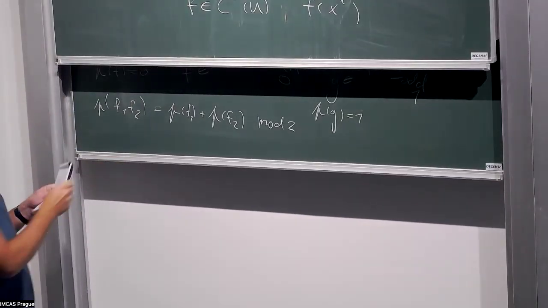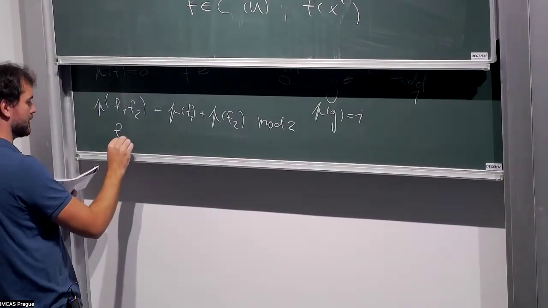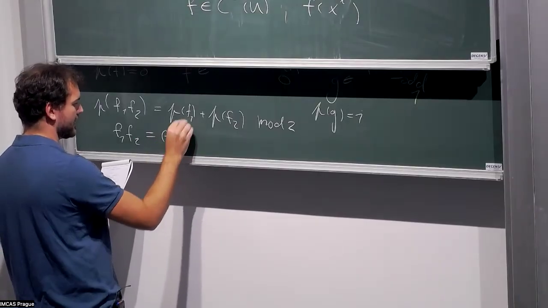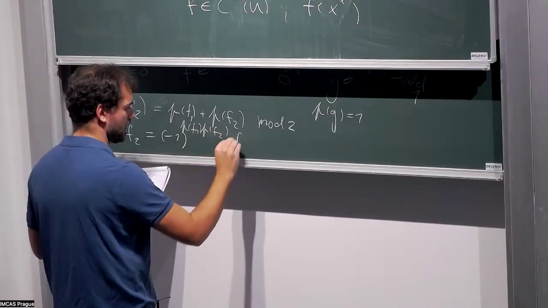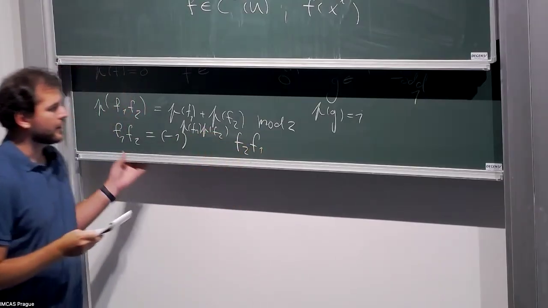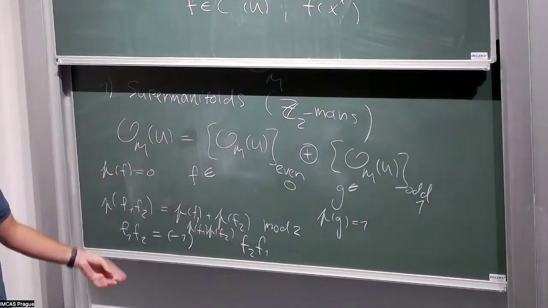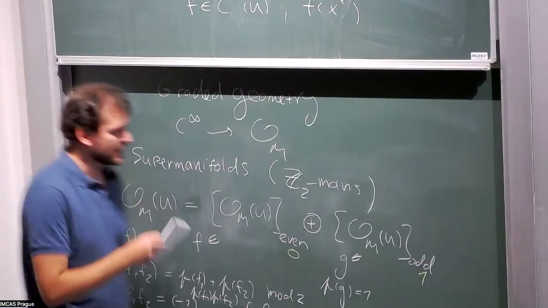Furthermore, you want this to be commutative, but graded commutative. So it commutes, but with an extra sign. Otherwise, it's just an associative unital algebra as any other. Okay, so that's basically it.